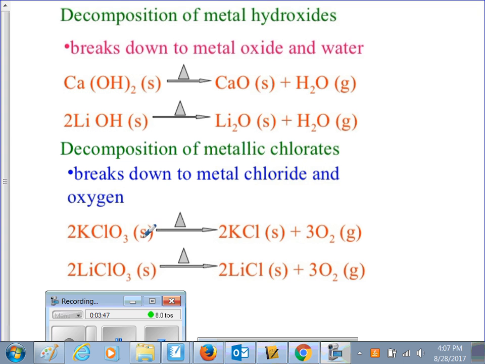Since you're starting with a solid metallic chlorate, you'll make solid metal chlorides and oxygen gas. Again, those will not break down into ions, so you'll have no net ionic equation there.